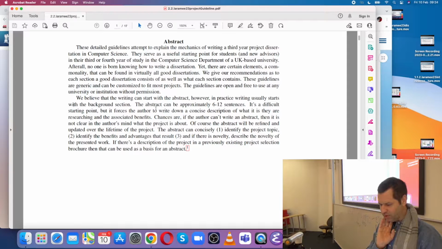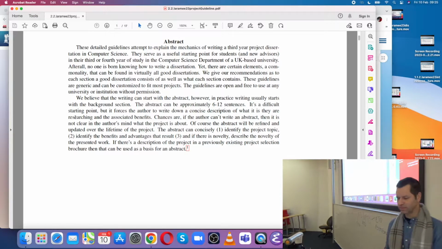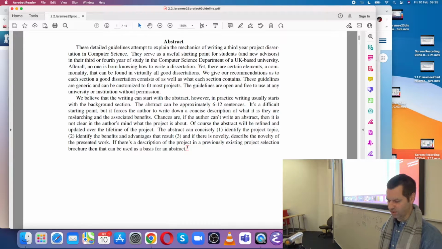The abstract can be 6 to 12 sentences. It's a difficult starting point, but it forces the author to write down a concise description of what it is they are researching and the associated benefits. Chances are, if the author can't write an abstract, then they don't really know what their own project is about.